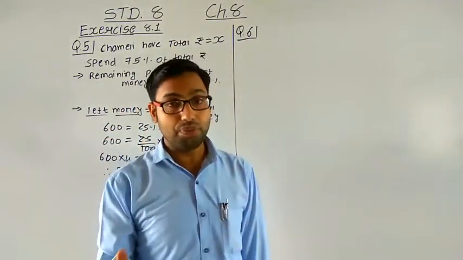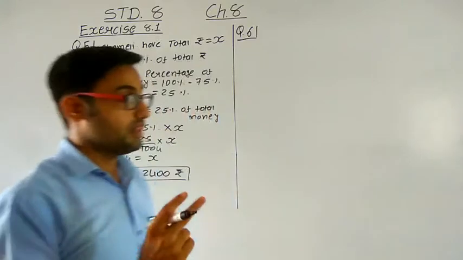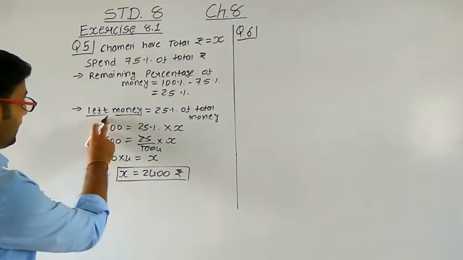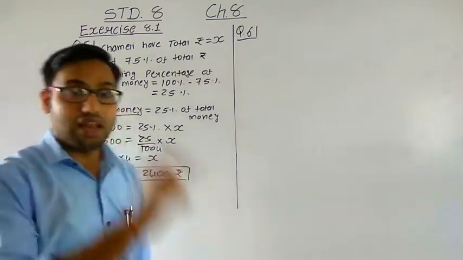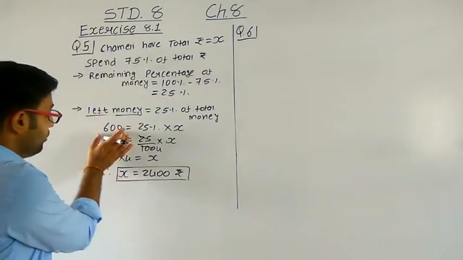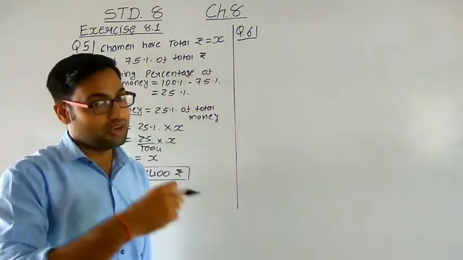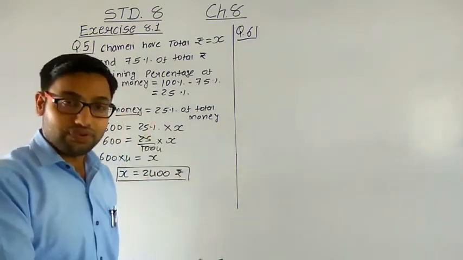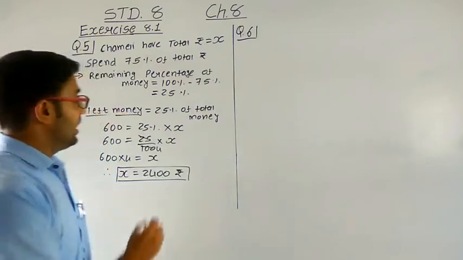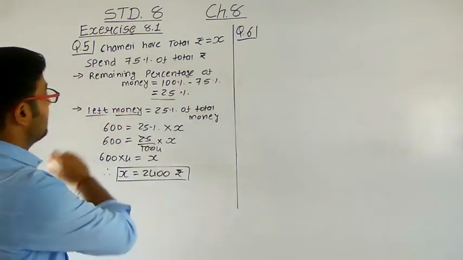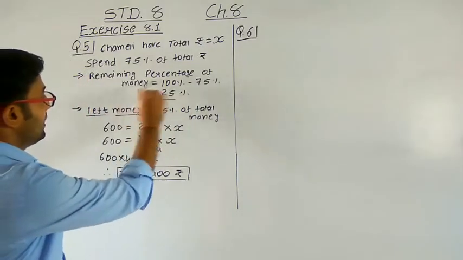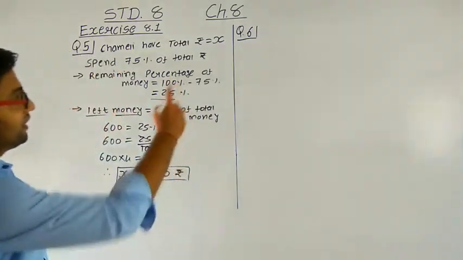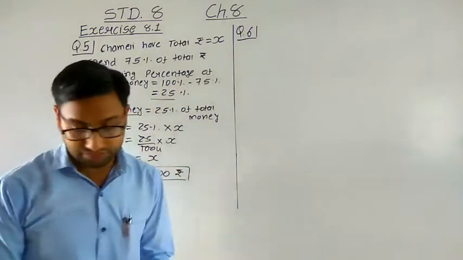Here it is given that the money she has left, so that percentage of the money left we have to take into account, and that is why we find the remaining percentage of the total money. Understand?